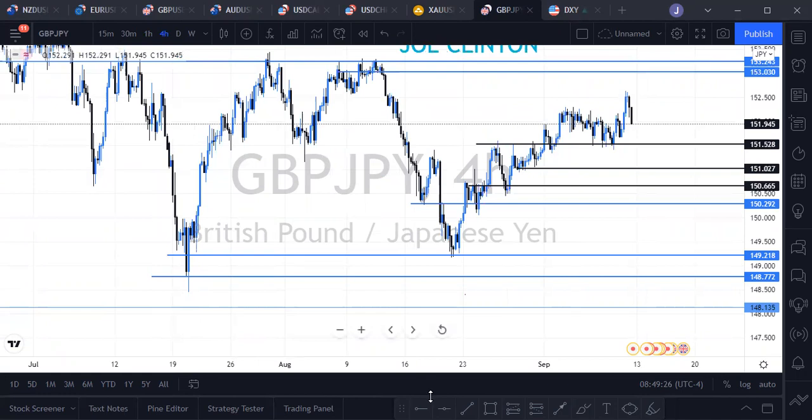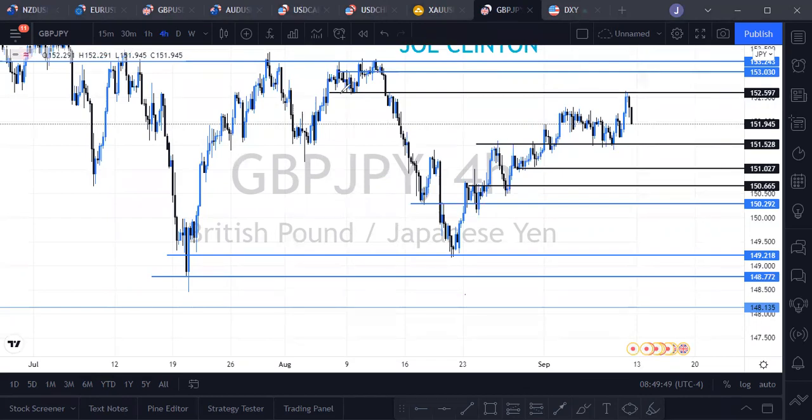So guys, now GBP JPY, looking at it, we are bullish on it till price gets to this point. Now, the point price gets to is a decision point. Let's make use of our horizontal line to get the decision point. Looking at the previous days, you see that price respected this point. Let me get this pencil.